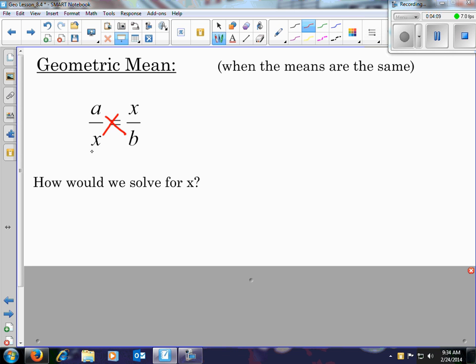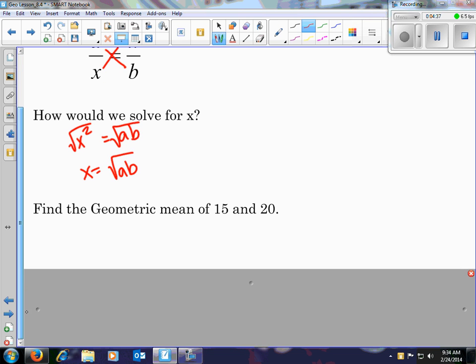So I end up with X times X, which is X squared, equal to A times B. Now, I can square root both sides to solve for X. So X is equal to the square root of AB. It does not matter which number is A and which number is B as long as I set it up with A over X equals X over B.